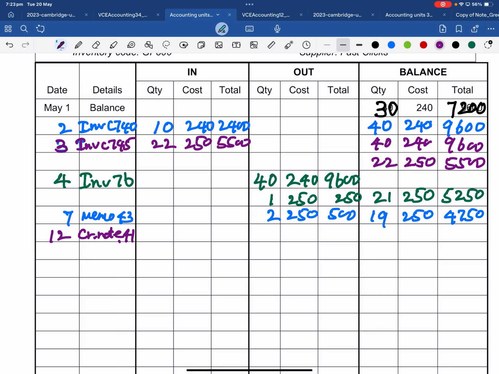Which one is coming first then? This 2 at 250. Then how many is he returning? 5. So that means we still have to value 3. The other 3 we can value at 240.